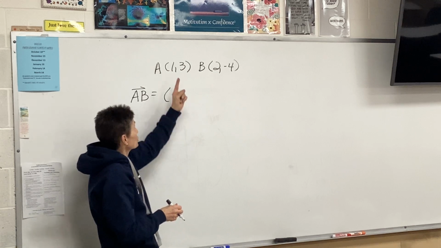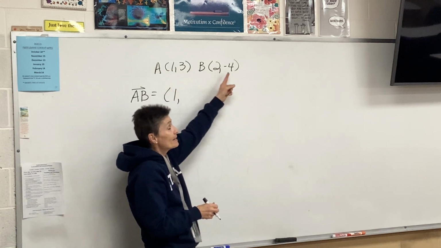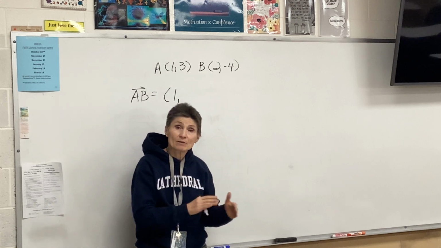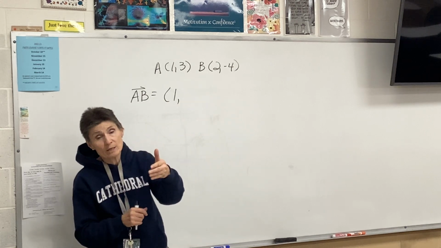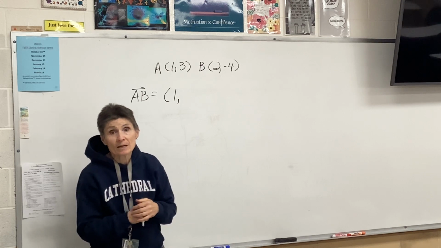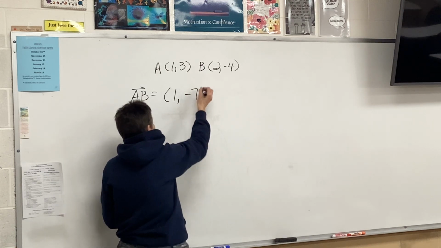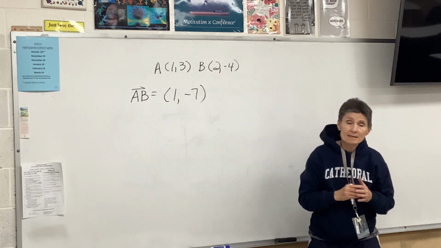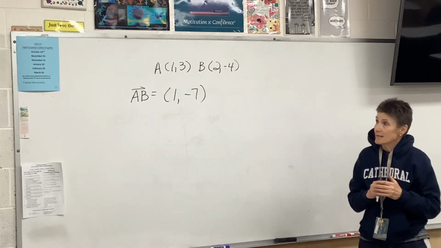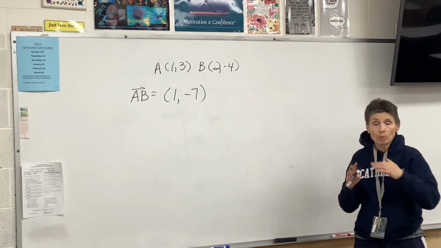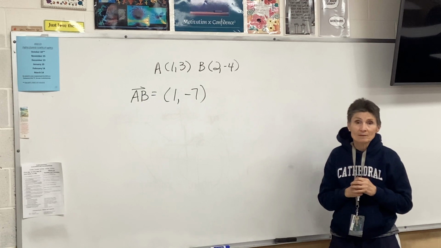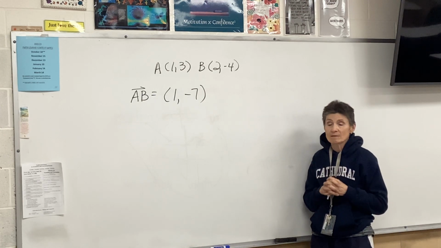In the y direction, it's going from 3 down to negative 4. So how many steps is it taking in the y direction if it's going from 3 down to negative 4? That would be negative 7. So the coordinates of this vector are 1, negative 7. In other words, in order to get from point A to point B, we go right 1 and down 7. That's it. Those are the coordinates of the vector.